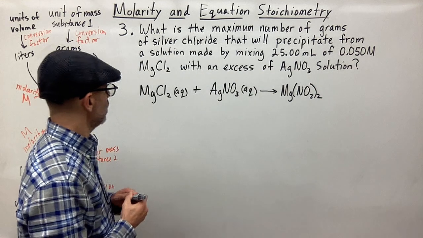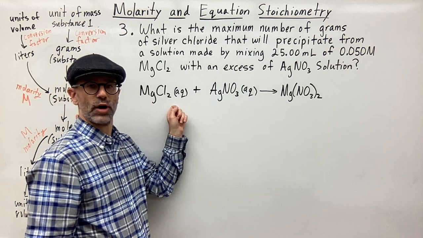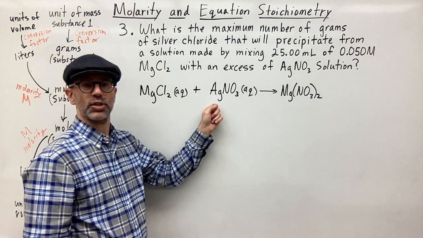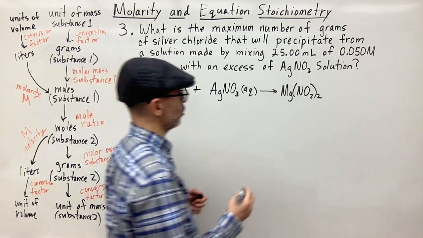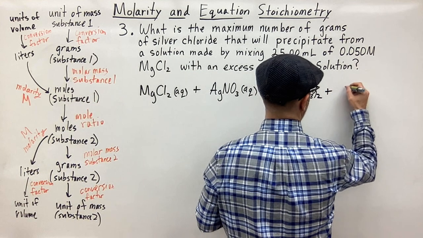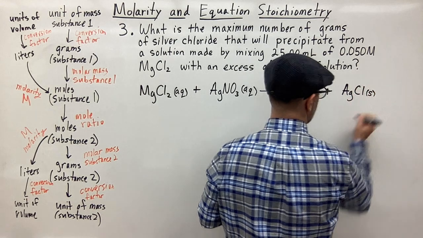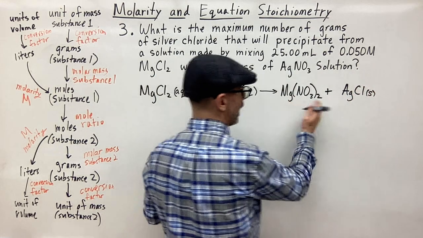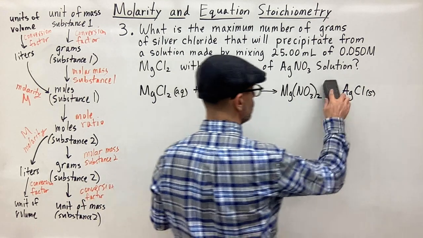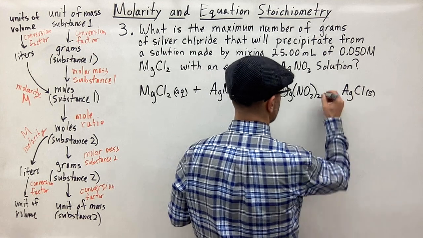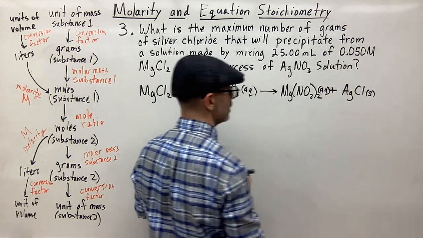And then the two inside ions are going to go together. So the silver and the chloride are going together. Silver is a +1 charge, chloride ion is a -1, so it's 1-to-1. So that's going to be AgCl, and that's going to be our precipitate. Nitrates, that's going to be aqueous. All nitrates are soluble, so we'll have aqueous here.